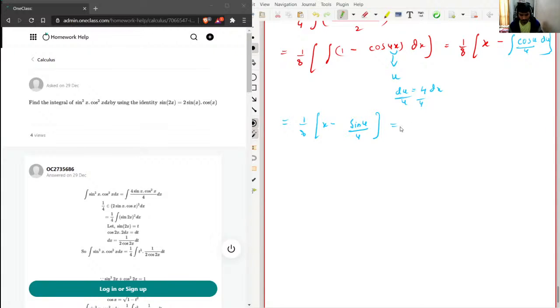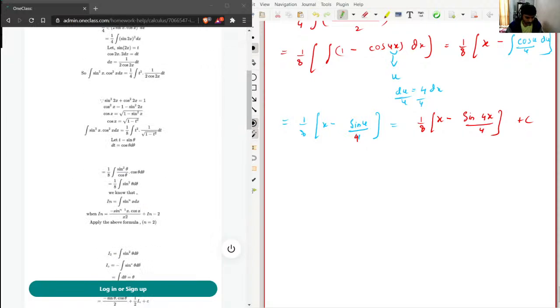So this is 4x, not u. So this is 1 over 8 x minus sine of 4x over 4, and 1c for the constant of integration.